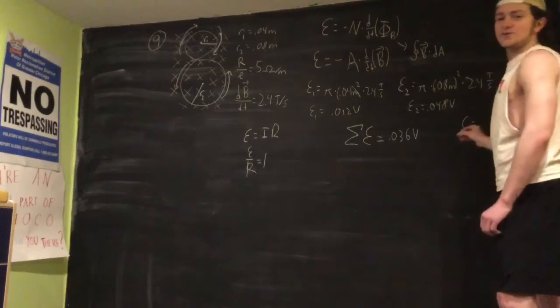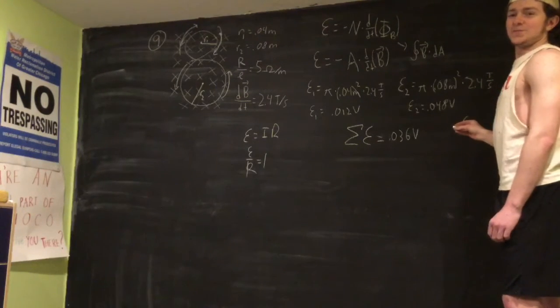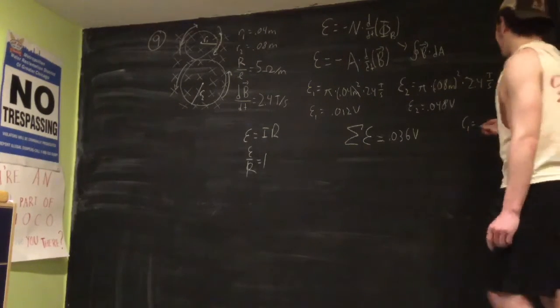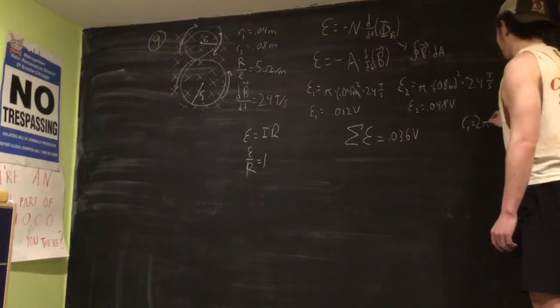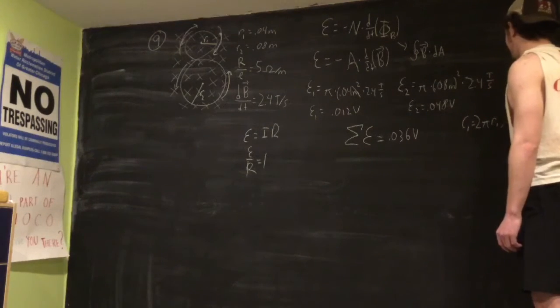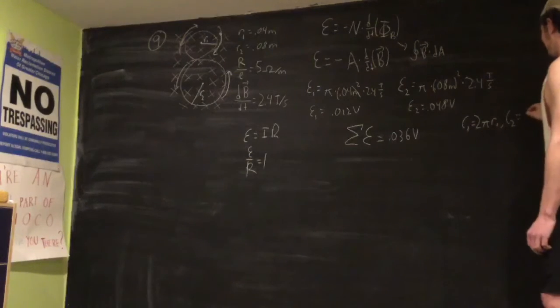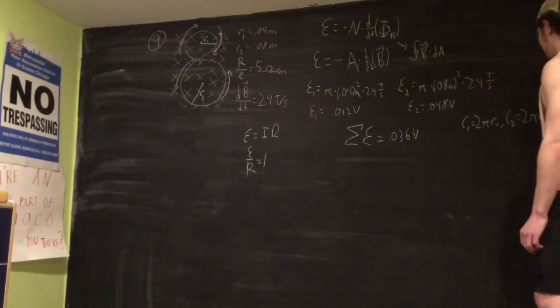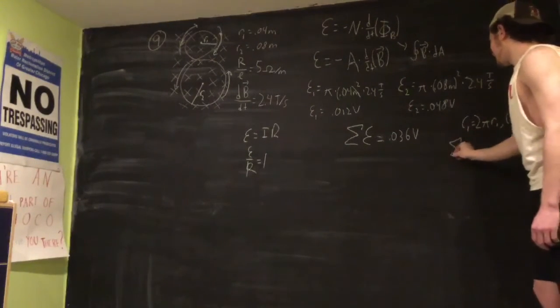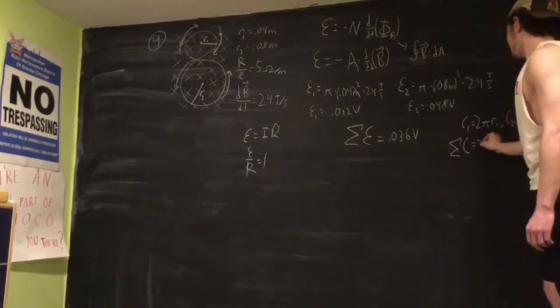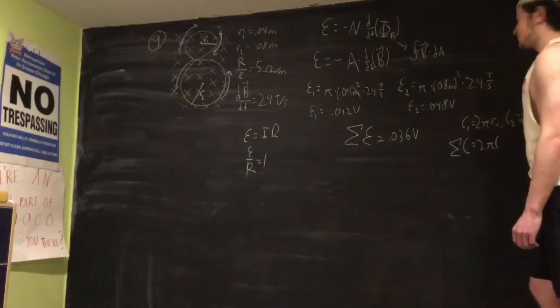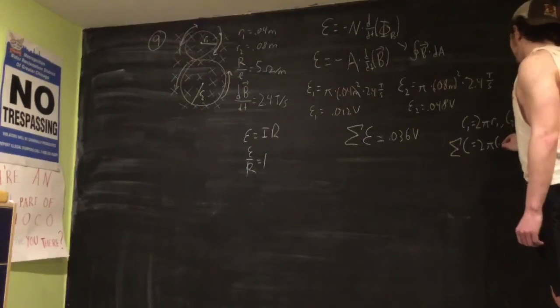C1, what's the equation for circumference? 2 pi r. 2 pi times r1. And C2 is 2 pi r2. So the net circumference is equal to 2 pi times the sum of the radii, which is 0.12 meters.